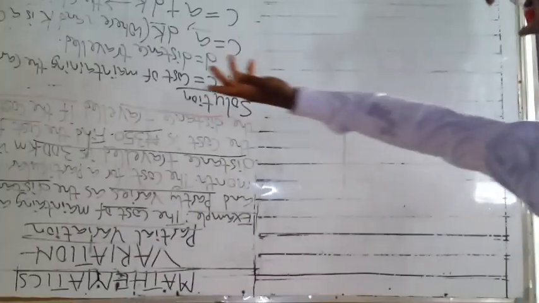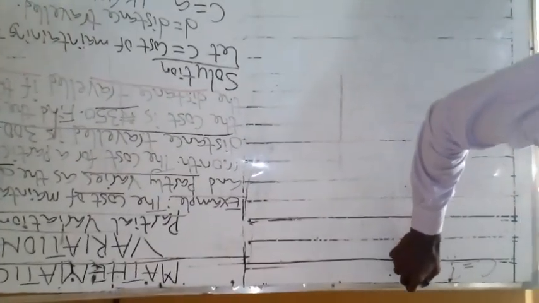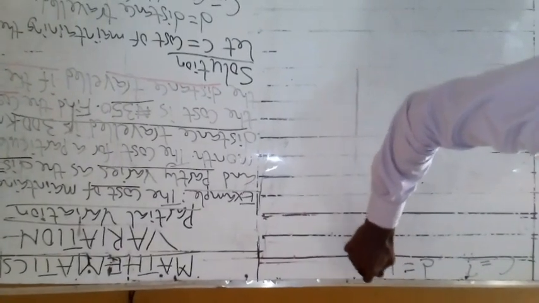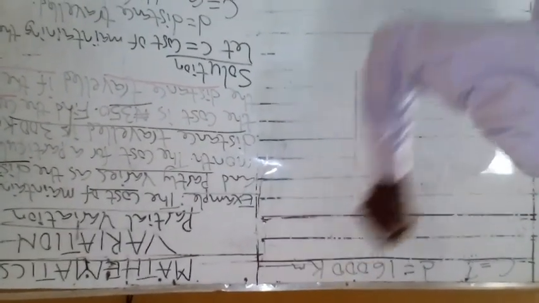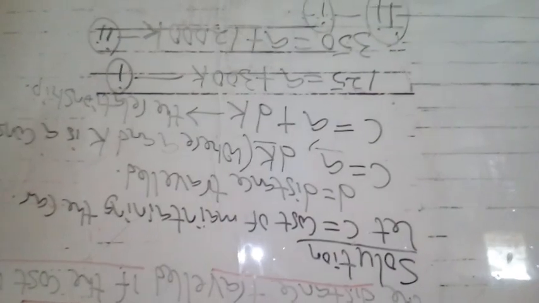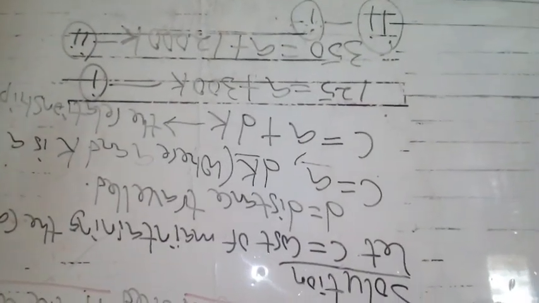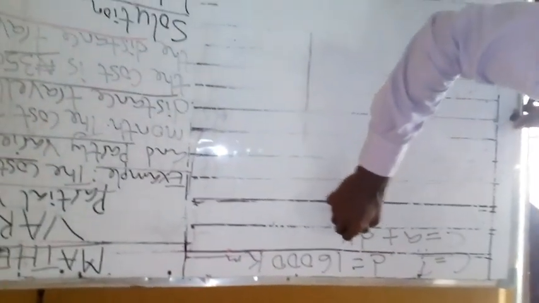In continuation, we have gotten our A. Now let's look for the cost when our distance is 16,000 kilometers. Now look at the equation. We have C equals A plus DK. They said we should find the cost.